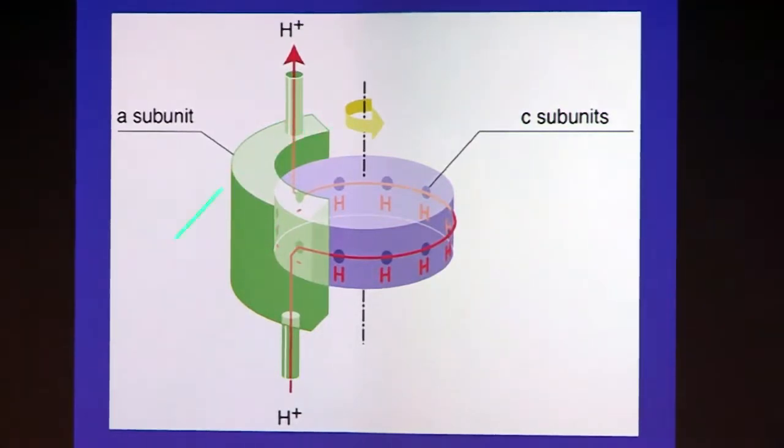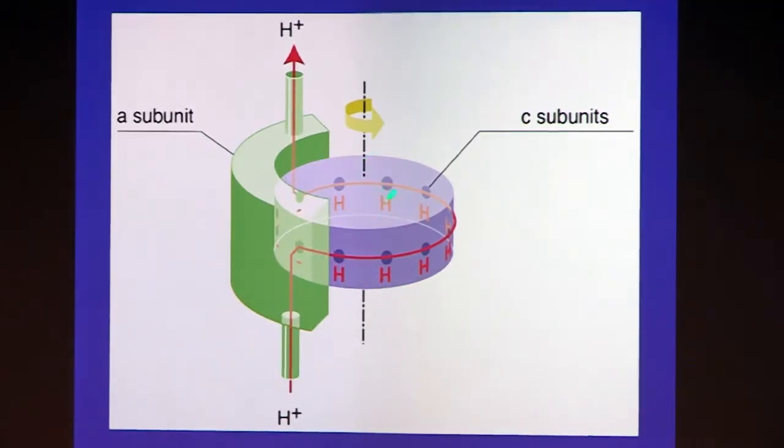And in this model, it's shown in intimate association with the external surface of the C ring. Now, each C protein, I haven't shown you the structure yet, is a very simple protein. It's made of two transmembrane alpha helices, obviously running in different directions, with their N and C termini on what would be the outside of the inner mitochondrial membrane.